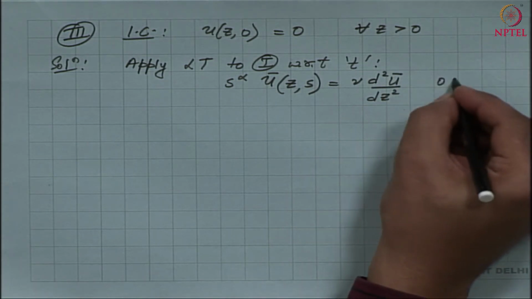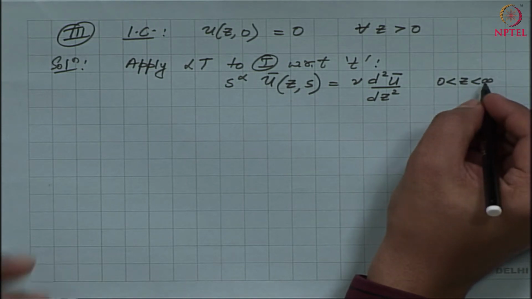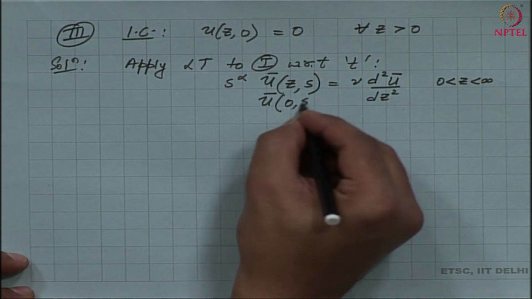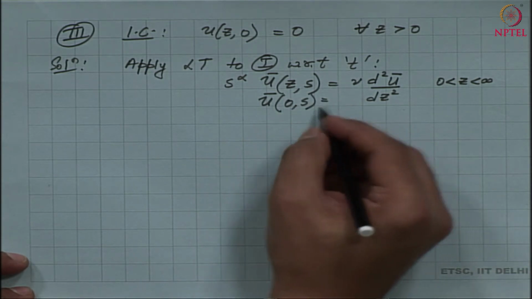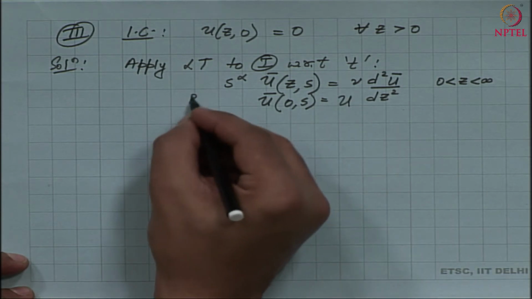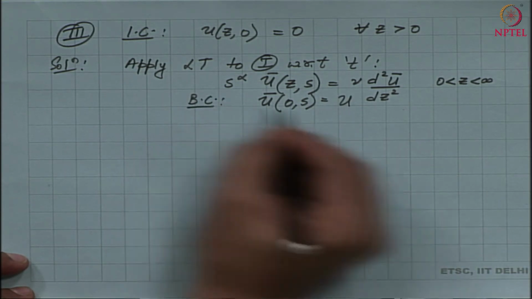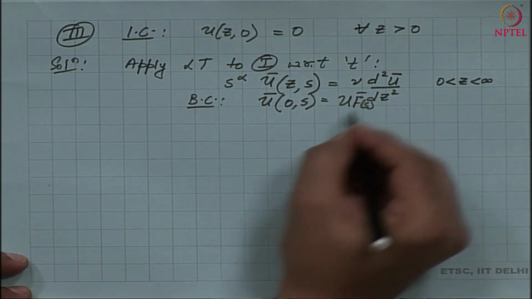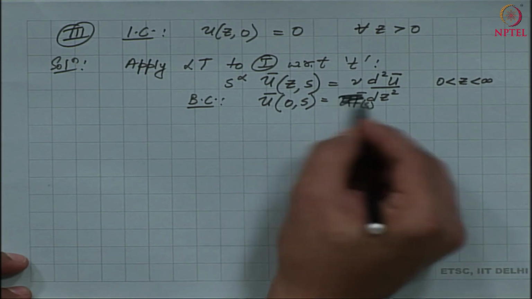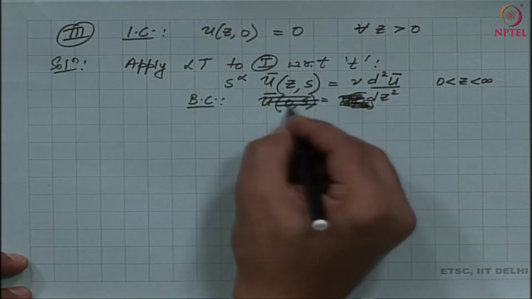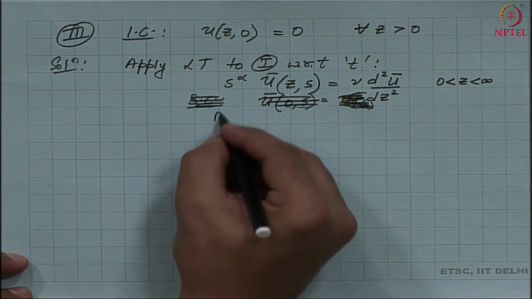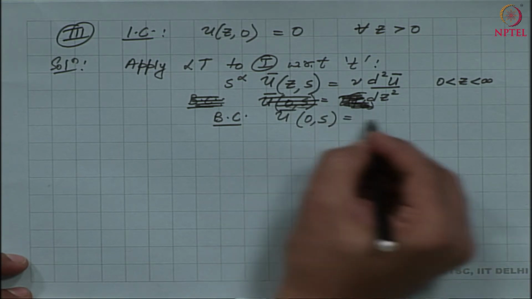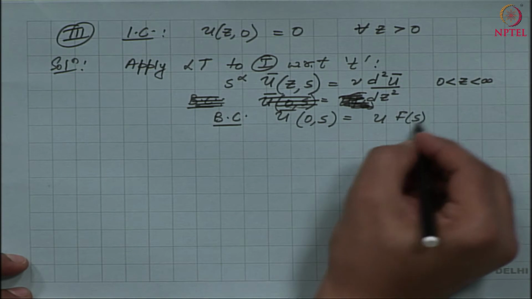I see that z is from 0 to infinity, and then the second is my boundary condition, u bar at 0 comma s is u times capital F of s. Okay. So, let me write this in another line. So, I get that u bar of 0 comma s is u times capital F of s.